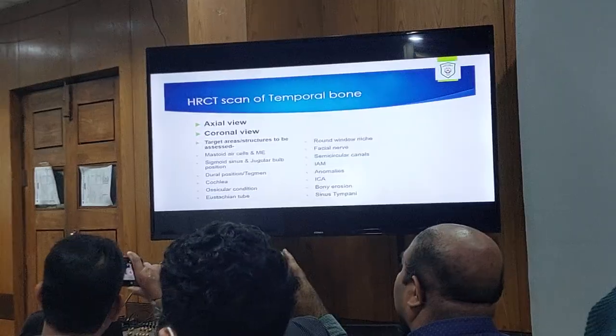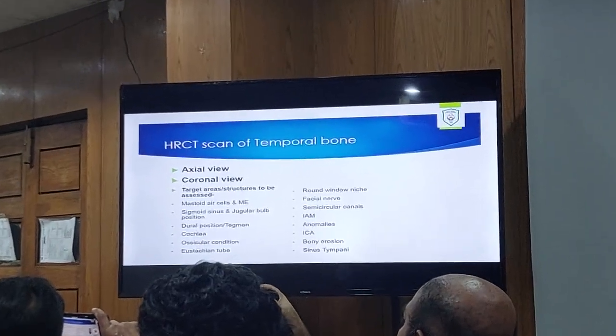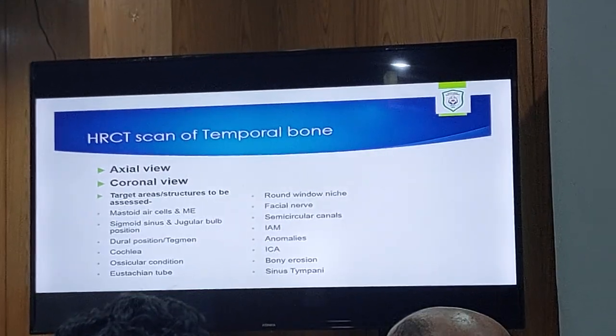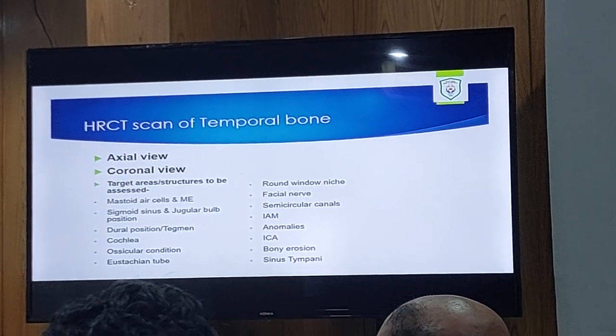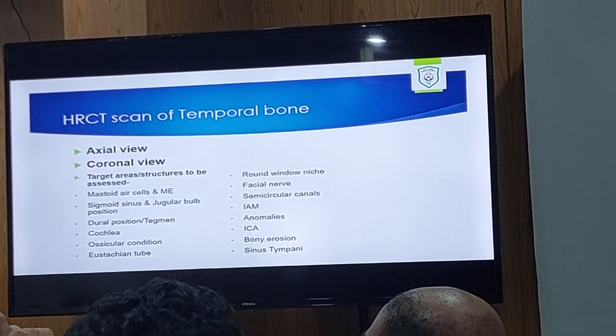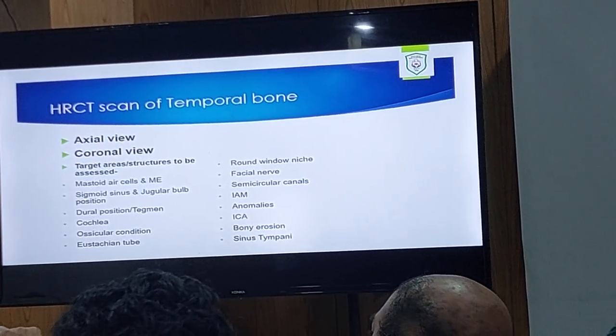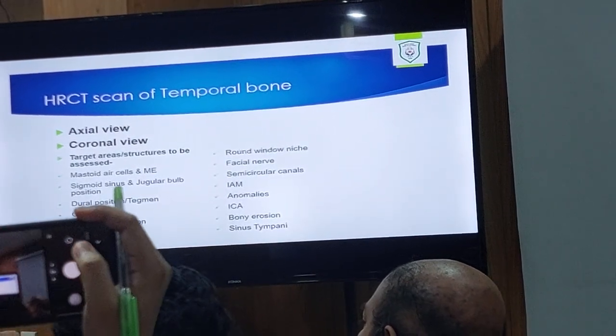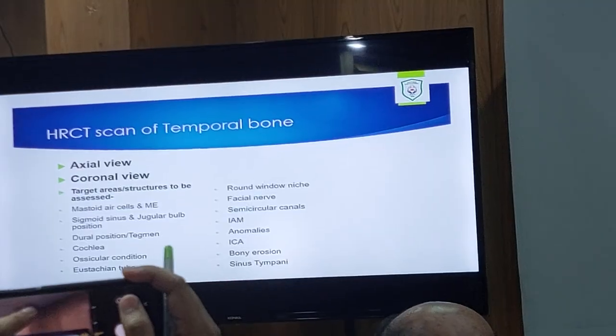In CT scan, mainly our target slices are axial and coronal views.